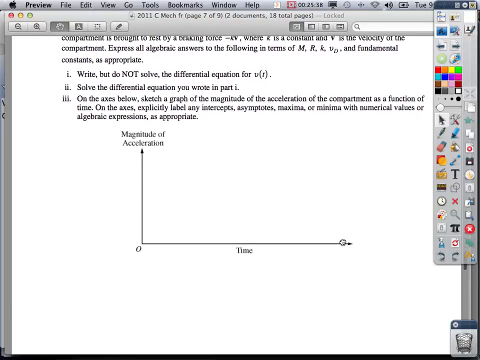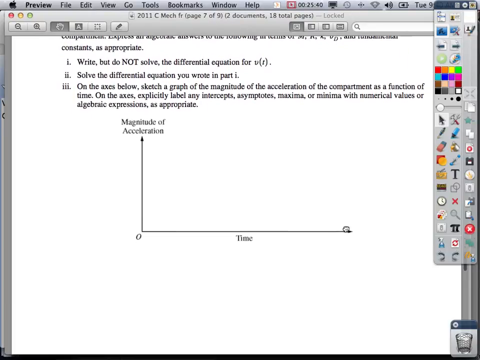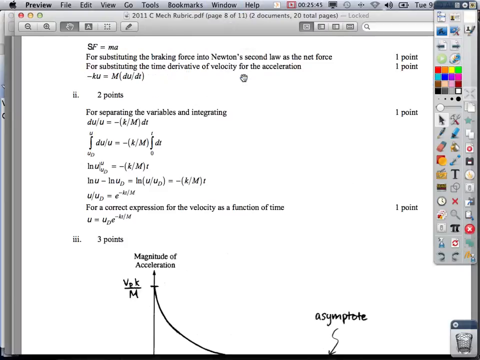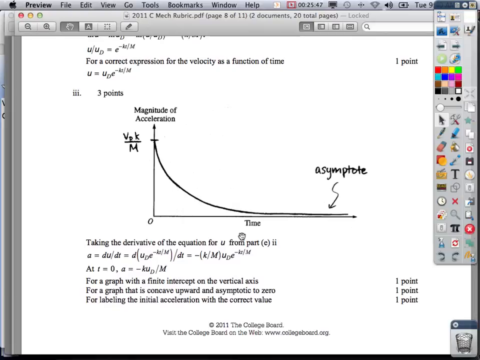Solve the differential equation on x as well as sketch a graph of the magnitude of acceleration. Okay, so from there, it's just an exponential sort of decay as it approaches zero. And that just comes from graphing what we already just did.